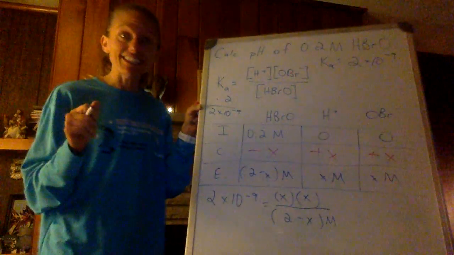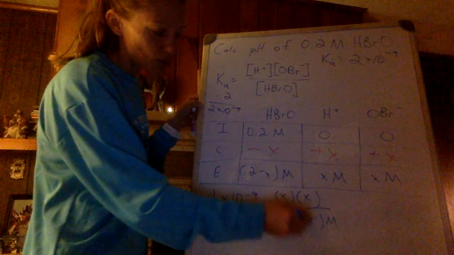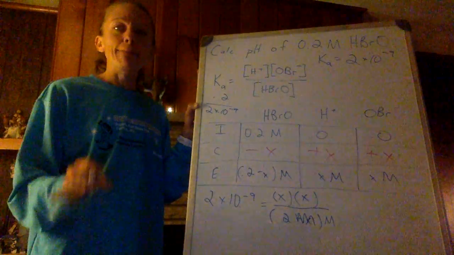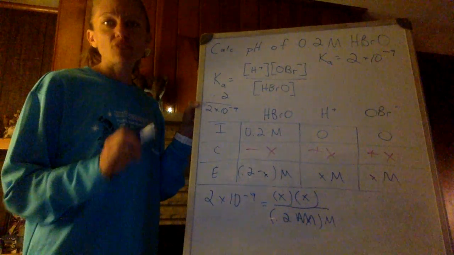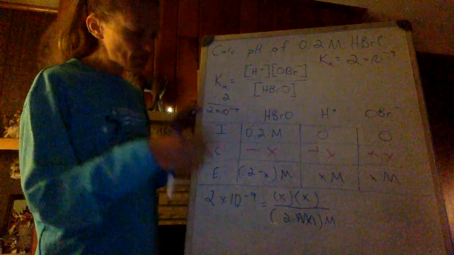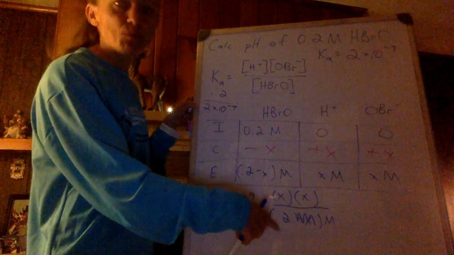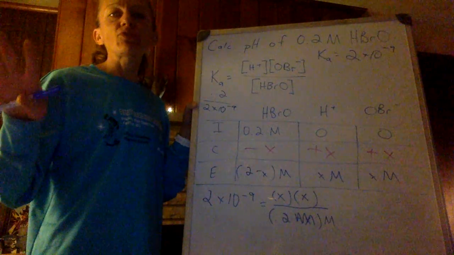So when I set this up, instead of getting a quadratic, I'm able to ignore the bottom minus x. So instead, as your packet shows, I end up with 2 times 10 to the negative ninth times 0.2 equals x squared.